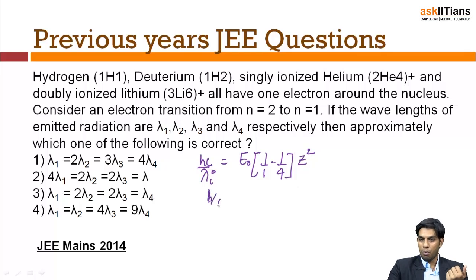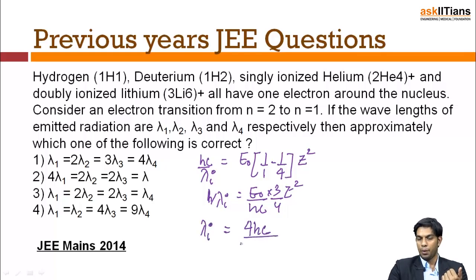So it's 1 by lambda i is equal to E naught by Hc into 3 by 4 Z square. Again, simplifying it further, lambda i comes out to be 4 Hc divided by 3 E naught Z square. So it clearly states that the higher your atomic number Zi, the lower will be your wavelength.